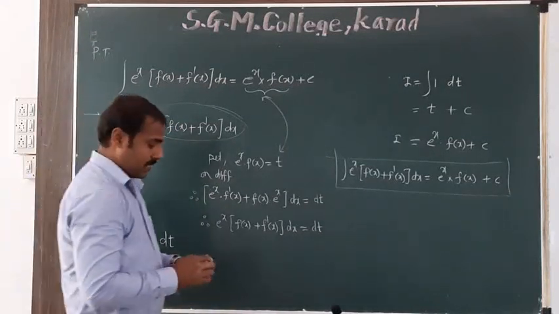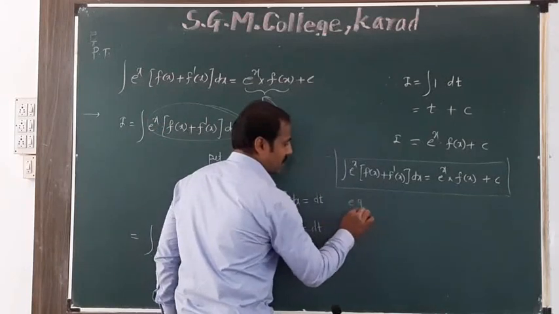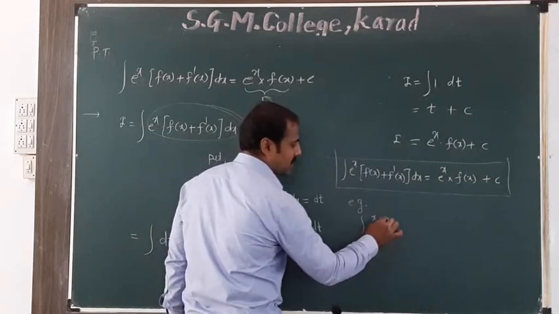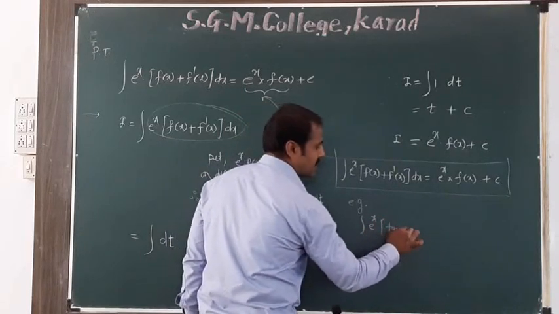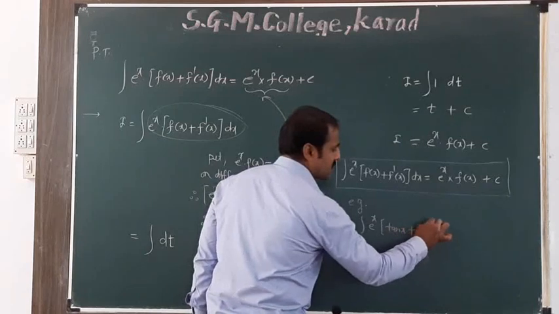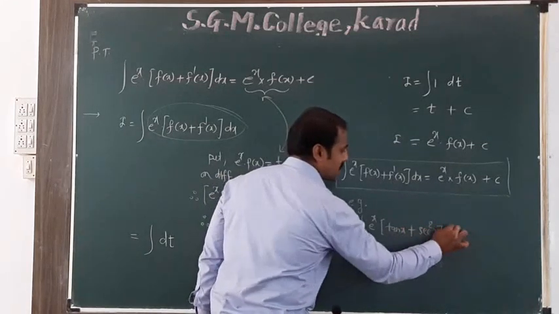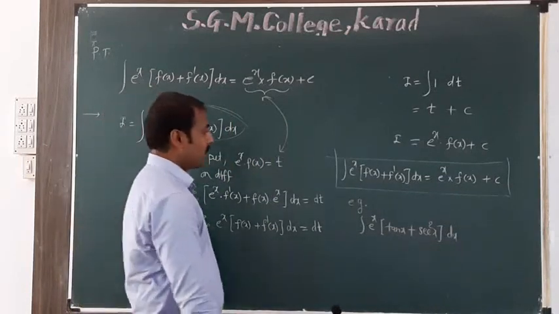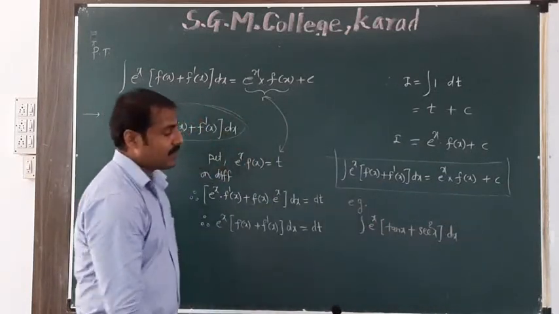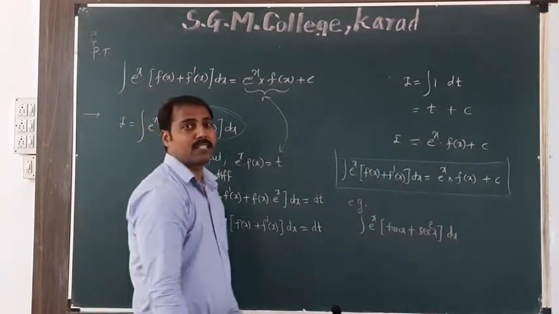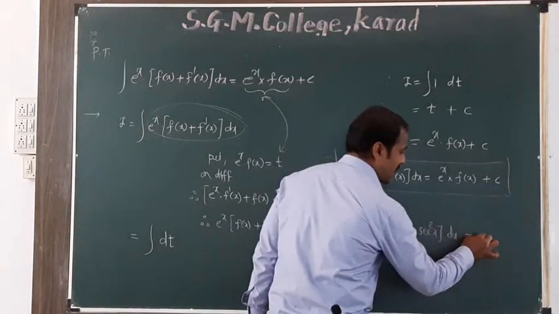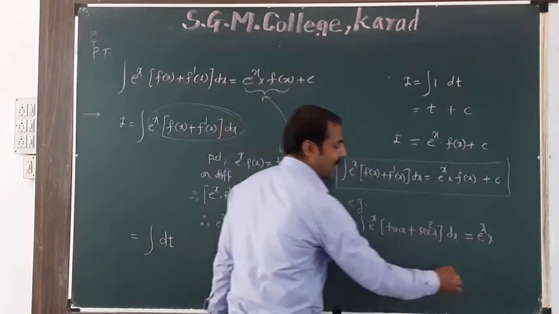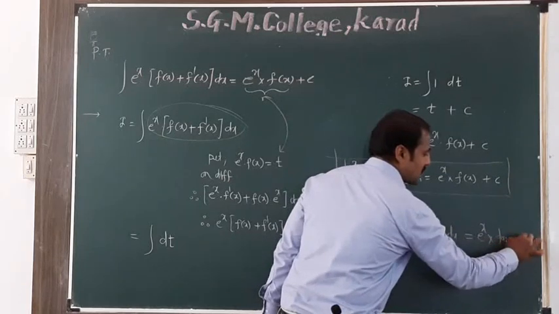Okay, now here is an example on that corollary. For example, if there is an integration of e raised to x into the first term tan x plus the second term sec square x, and remember the sign between these two terms is plus, then we can directly evaluate such integrations by writing e raised to x into tan x plus c.